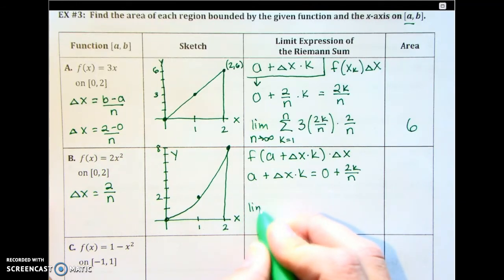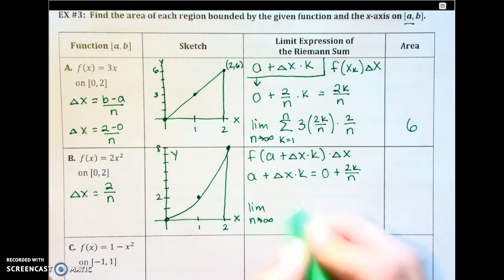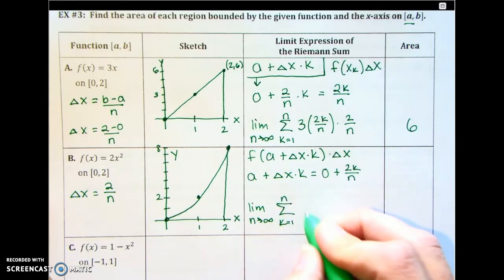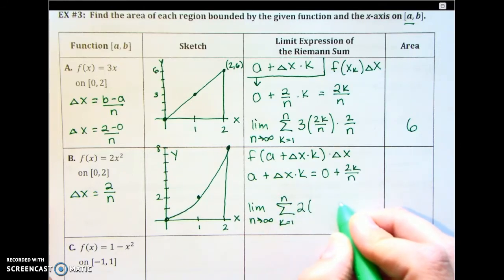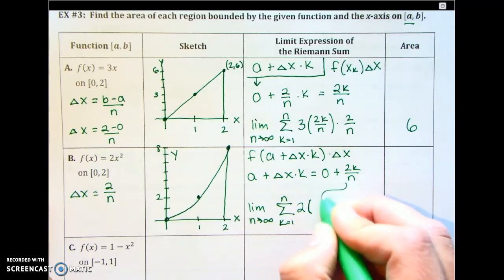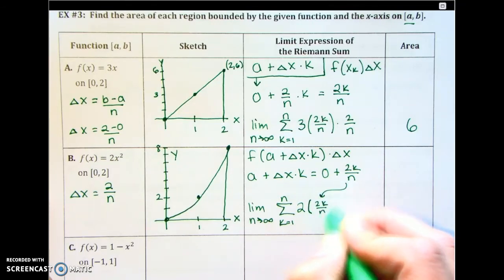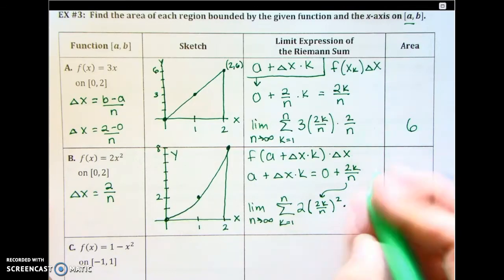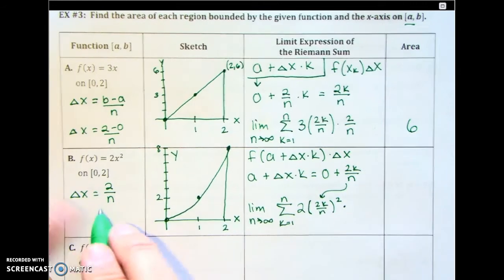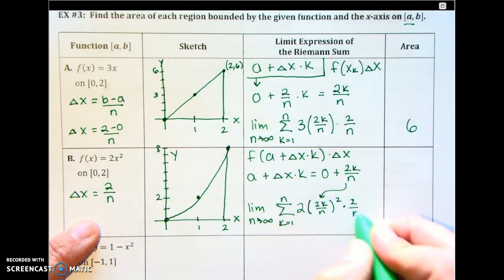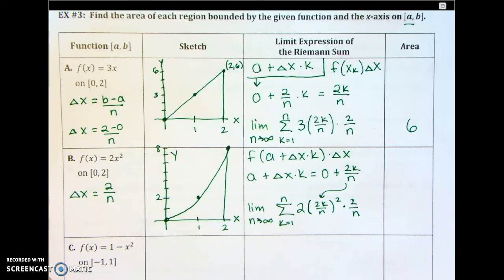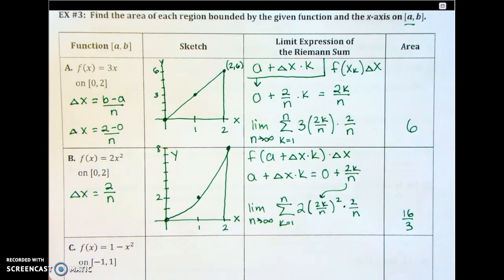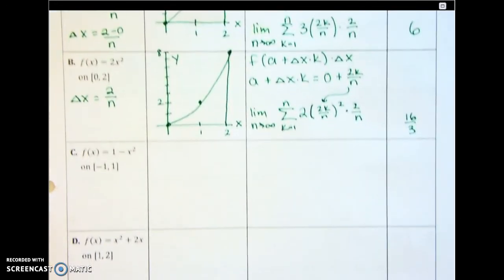So we have the limit as n goes to infinity, sigma k equals 1 to n of 2x squared. But the x is going to be 2k over n squared times, what do we multiply it by? We multiply it by delta x, which is over here, 2 over n. And you can type that in the calculator and we'll get this. If I have time, I'll do one in the calculator. I just want to get some examples on the paper.